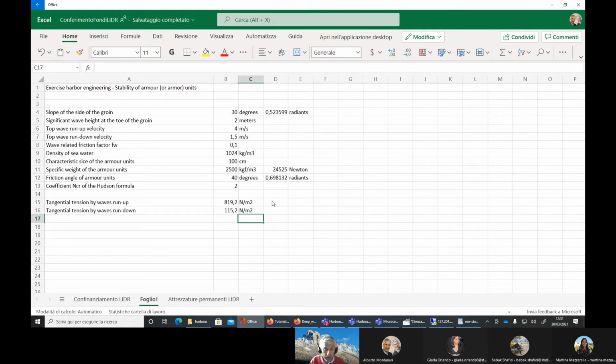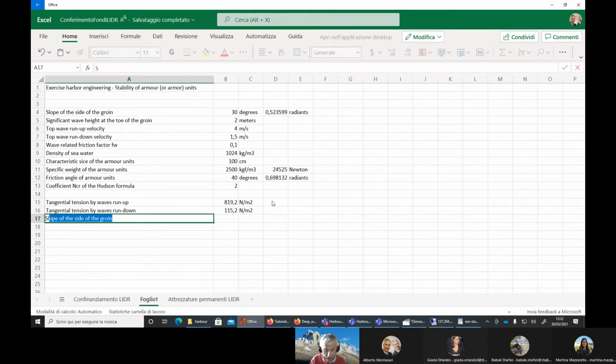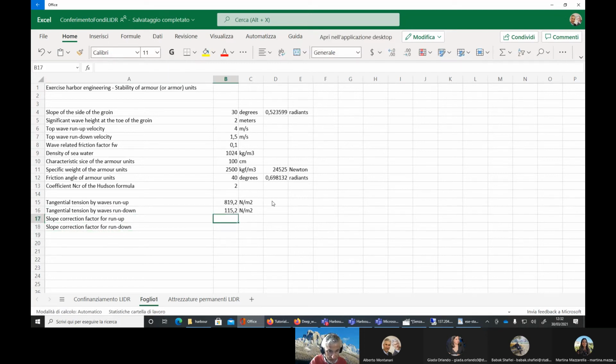Very good. Now, what do I have to compute? The slope correction factor. So the slope correction factor for run up and run down. You remember the slope correction factor is different for run up and run down. So let's compute it.